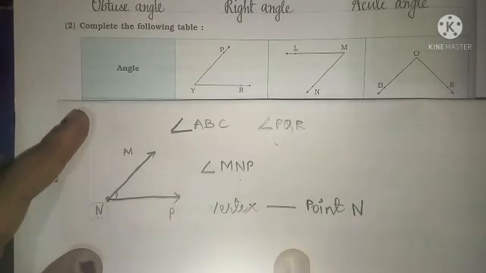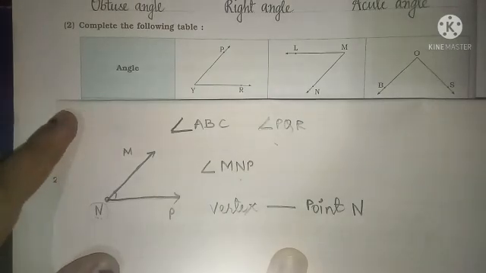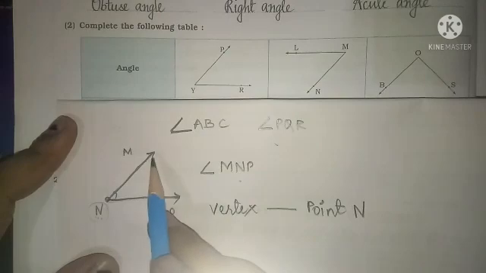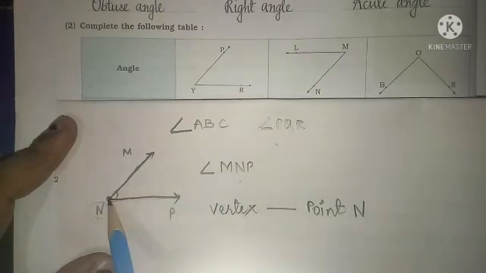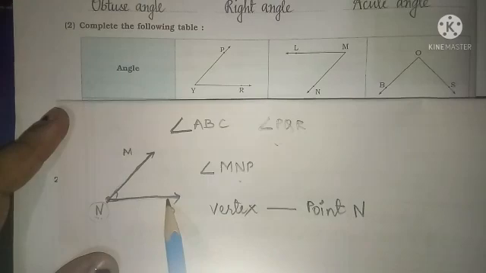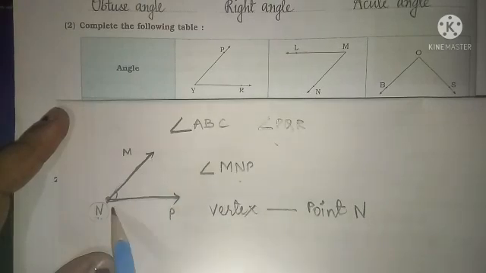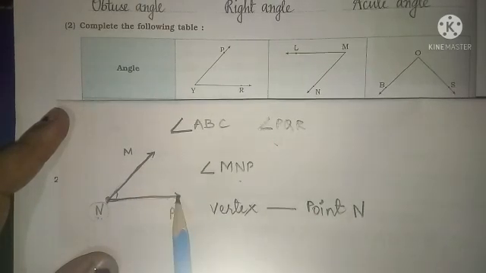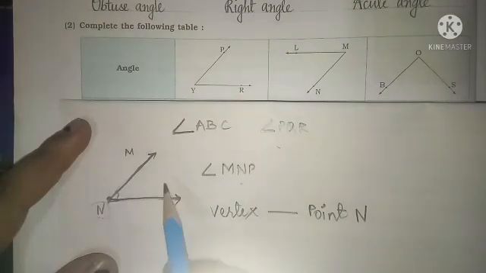The third thing they are asking us about is arms. Now what is an arm? Like we human beings have two arms, similarly angles also have arms. Here is the first arm and this one is the second arm. Each and every angle has two arms. Like how we have two hands, similarly angles also have two arms.